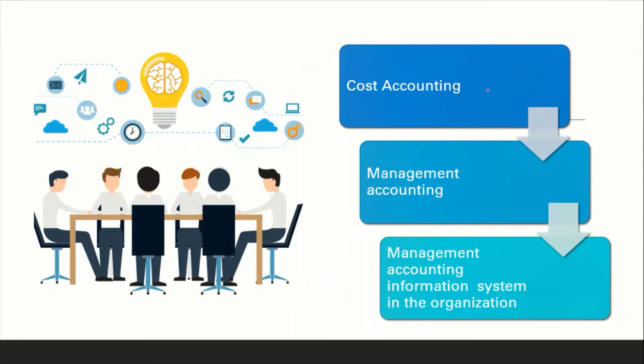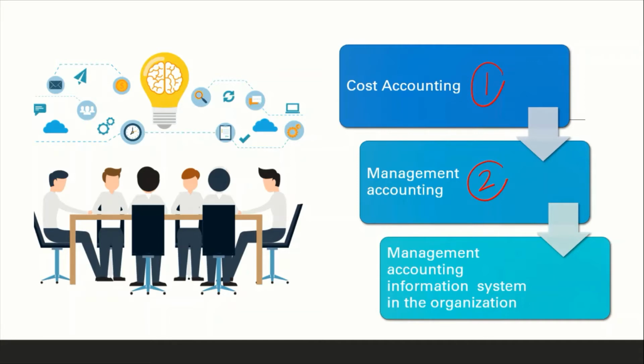See, first you will calculate the cost, make a statement, a budget. Then the budget will be used by the management for decision making and planning. Okay, lastly, management accounting information system in the organization.